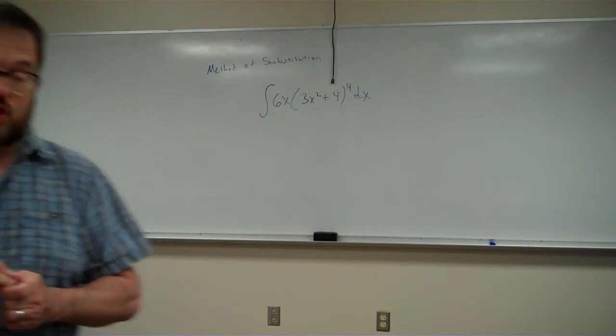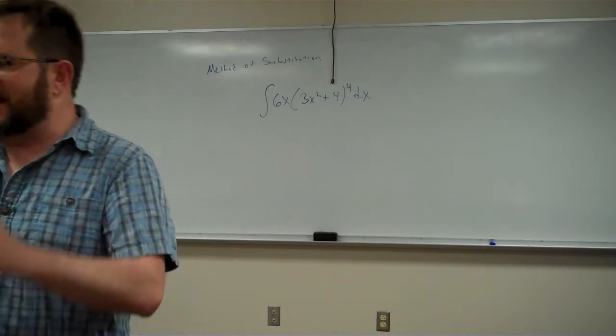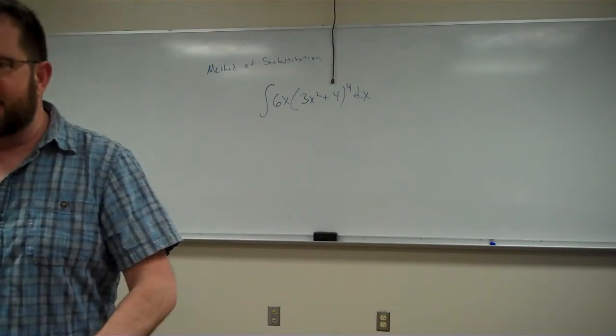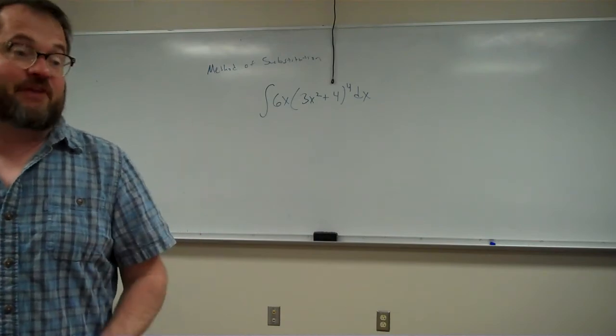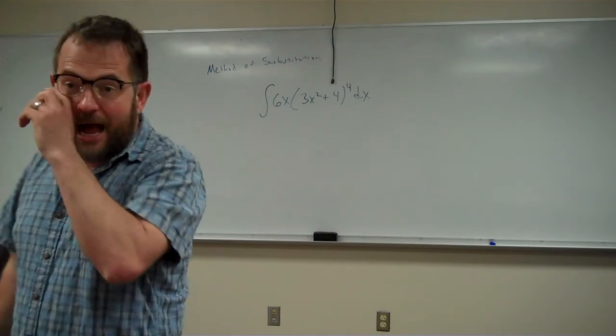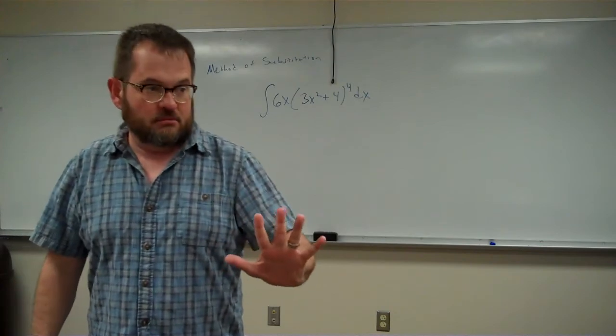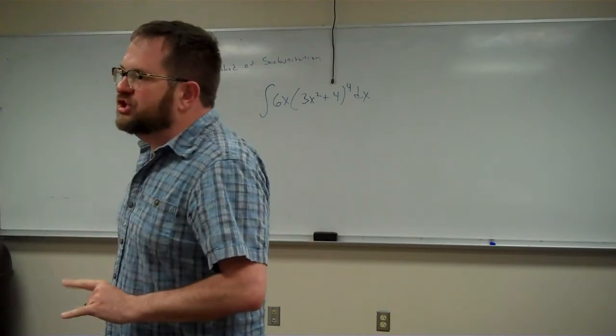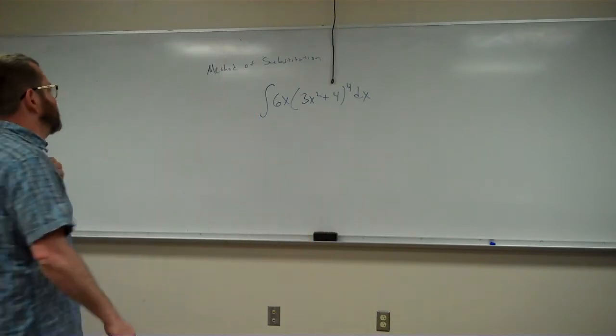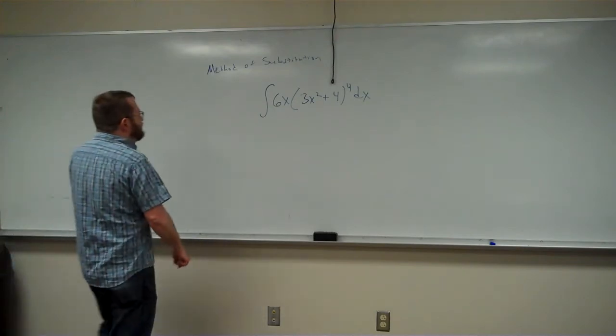It would be a bunch of terms with x to the 8th power, and x to the 7th power, and it would be a big mess, and frankly, the odds of making an error are pretty high. But you could do it. But that's not a good trick. We're going to use the method of substitution to solve this pretty easily.